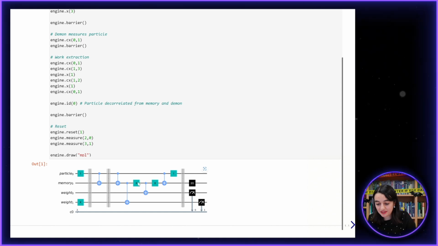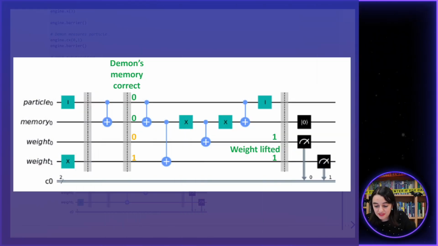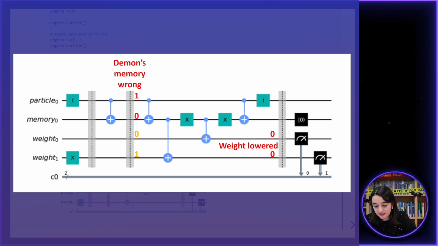So we have a series of C0 gates and X gates, and if you check what happens when you put 0, 0 and 1, 1 as an input, you'll find that the X gate is always applied to the weight in order to lift it, and if the inputs are 1, 0 or 0, 1, then the X gate is always applied to the second weight qubit to lower the weight.